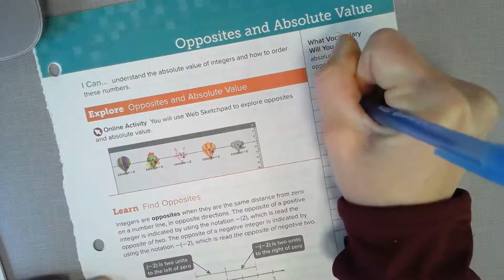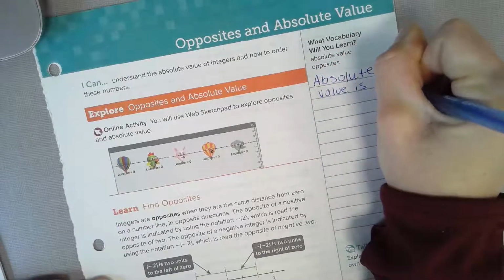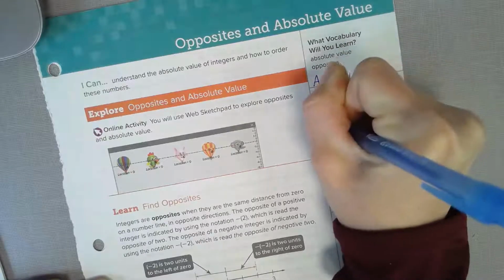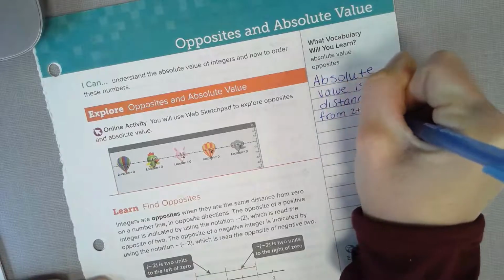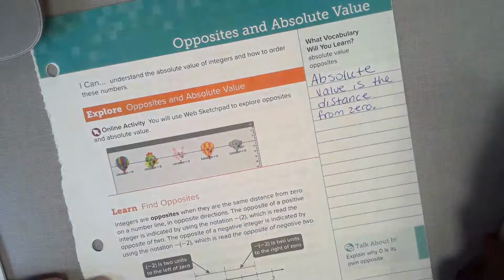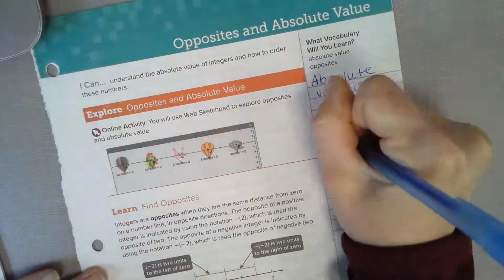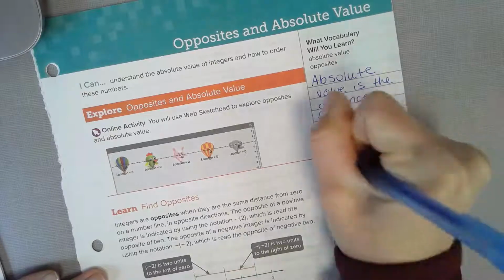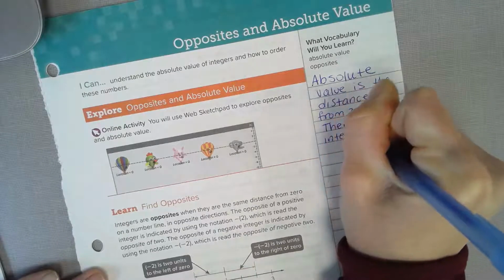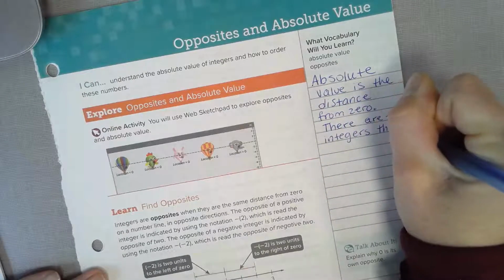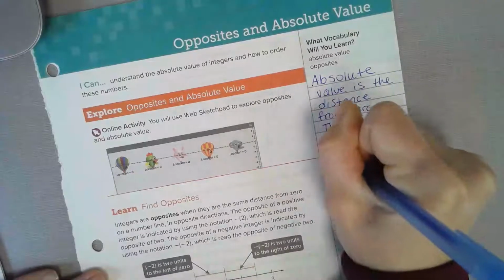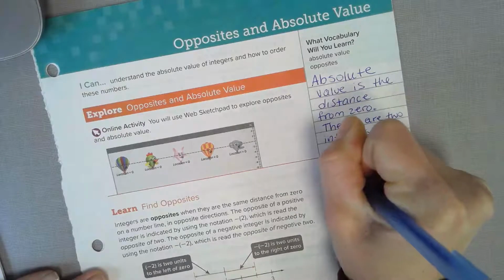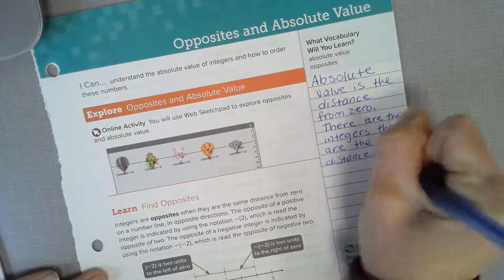Absolute value is the distance from zero. There are two integers that will be the same distance away from zero.